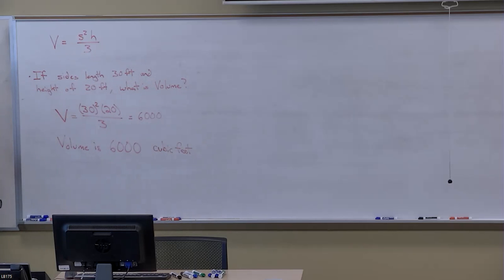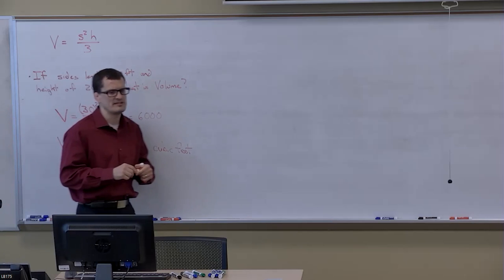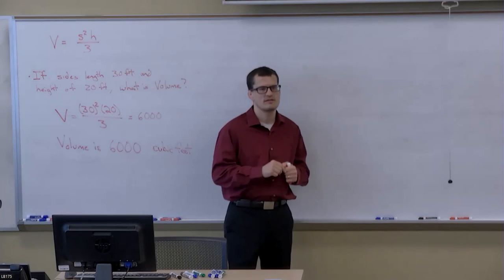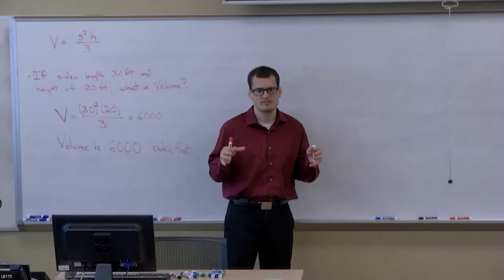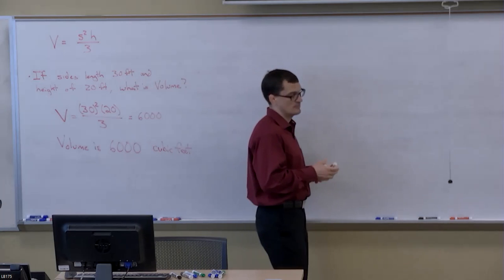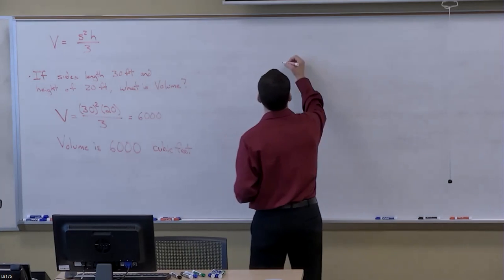All right, so the volume is 6,000 cubic feet. Do you guys know what it means to be a cubic foot? Do you know what that measurement is? Think of it as a box, a block.